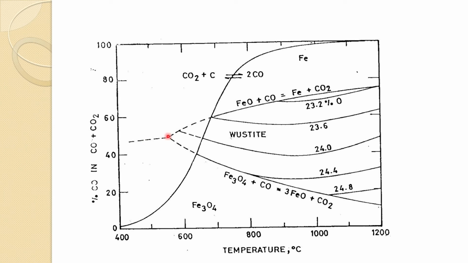So, this is the invariant point, because the oxygen content in wustite changes, because the stoichiometry is not 1 mole of Fe and 1 mole of oxygen. That is how these other lines are given here.